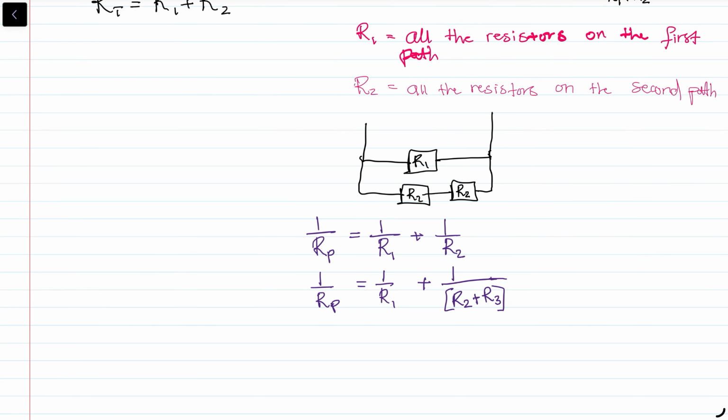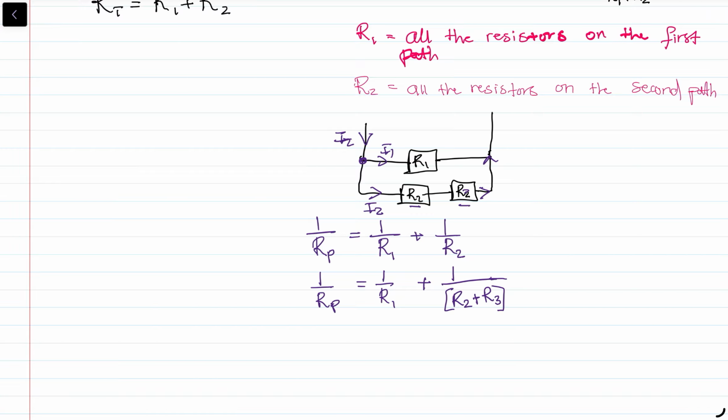If you had your I total coming through this way, this is going to be I1 and this is going to be I2. The resistors experiencing I2 are R2 and R3. So what is the relationship between them? They are in series. Why?